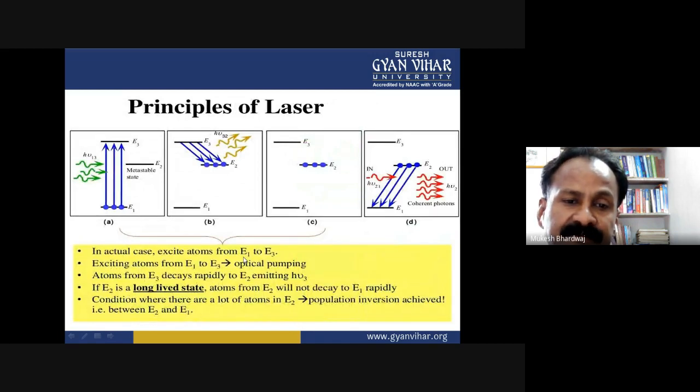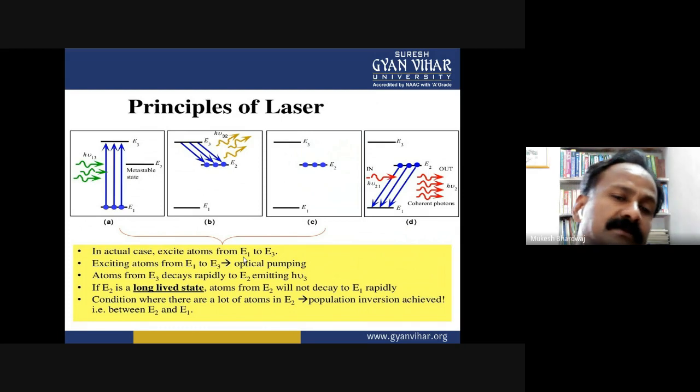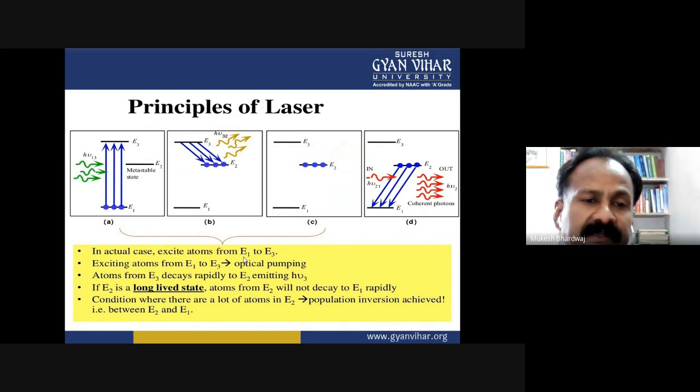Principle of laser. In the actual case, excite atoms from E1 to E3. Now, to get the population inversion, we create one more state, that is the metastable state. So exciting atoms from E1 to E3 is optical pumping.